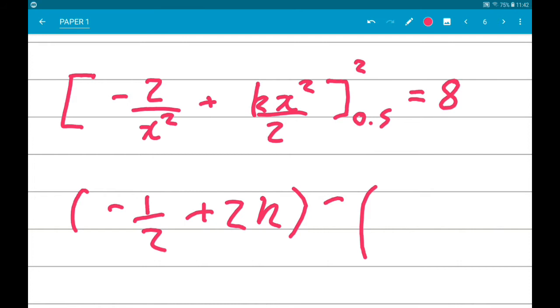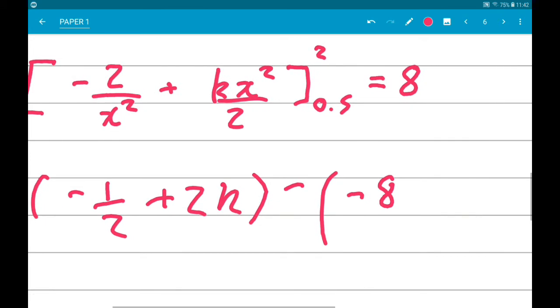So -2 over a half squared is -8. And then we got k times a half squared is k over 4. That's divided by 2, so that's k over 8.